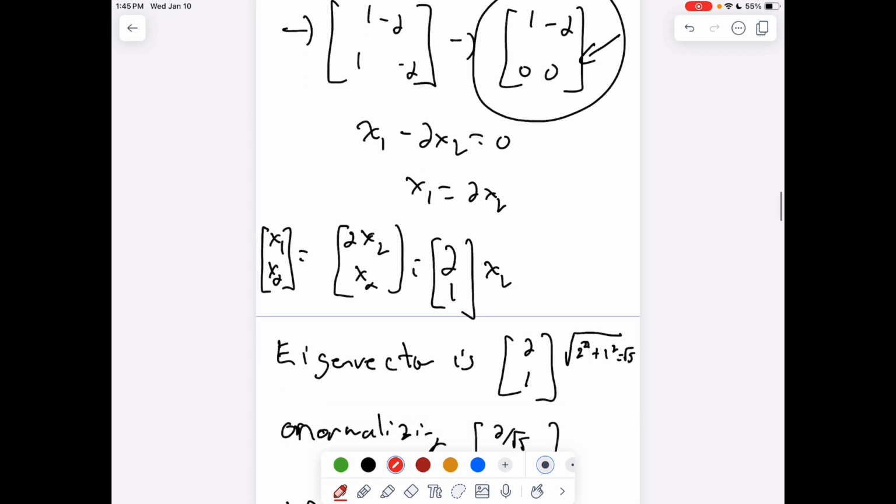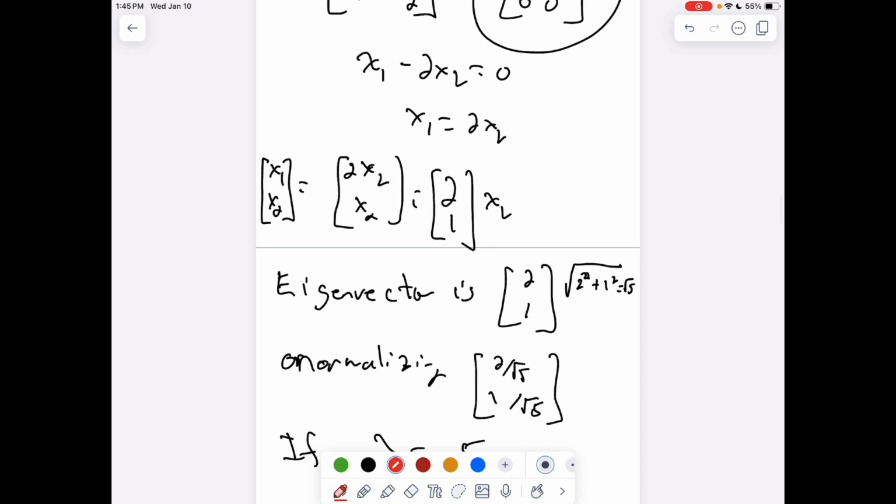We're going to normalize it, or make it into a unit vector. We do that by taking the squares of the components, 2 squared plus 1 squared, and adding them. So 4 plus 1 is 5, which gives the square root of 5. You divide each component by the square root of 5. So there you go.